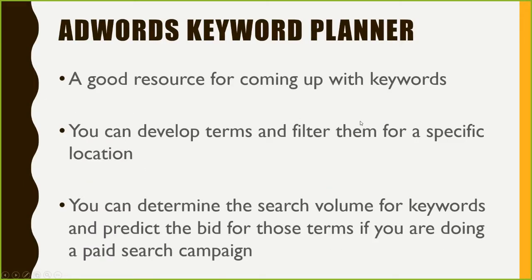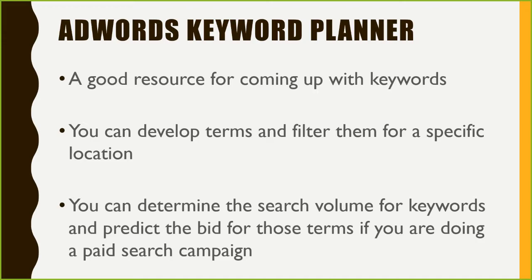Now, there's another cool tool called AdWords Keyword Planner, and this is how we can come up with keywords. So in DM150, we were thinking about how to figure out the keywords and phrases I'm going to use inside of my content. We remember that sometimes we get a bit repetitive with our keywords. I know for me, if I'm writing, I have this issue where I only pick around a few different words that I keep going back to.